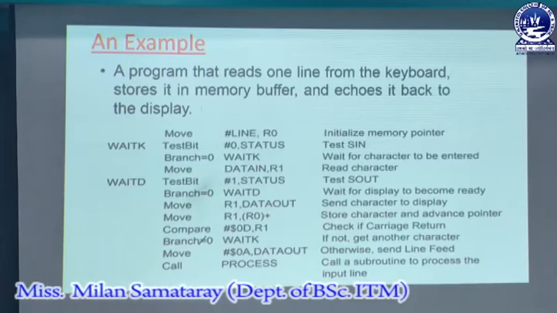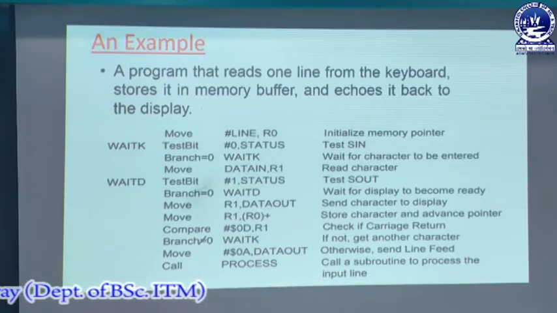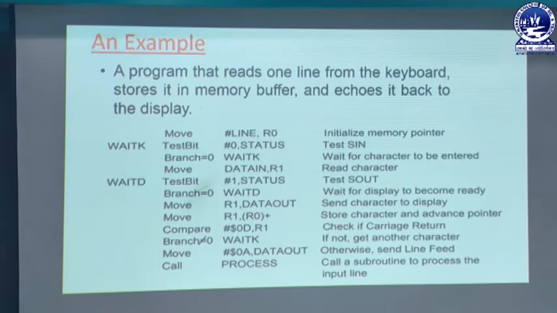That means first the program reads the data from the keyboard and stores it in the memory buffer, and then from the main memory buffer it gives it back to the display unit, so that we can easily visualize the output. So here our 2 signals, one is WaitK, another one is WaitD. Here K stands for the keyboard and D stands for the display.